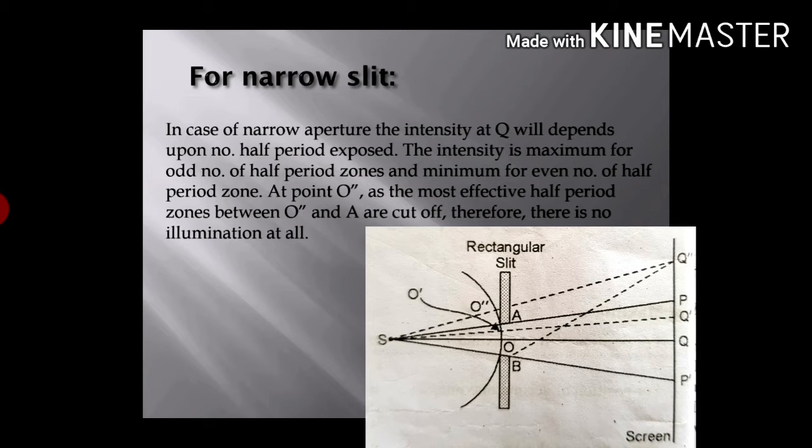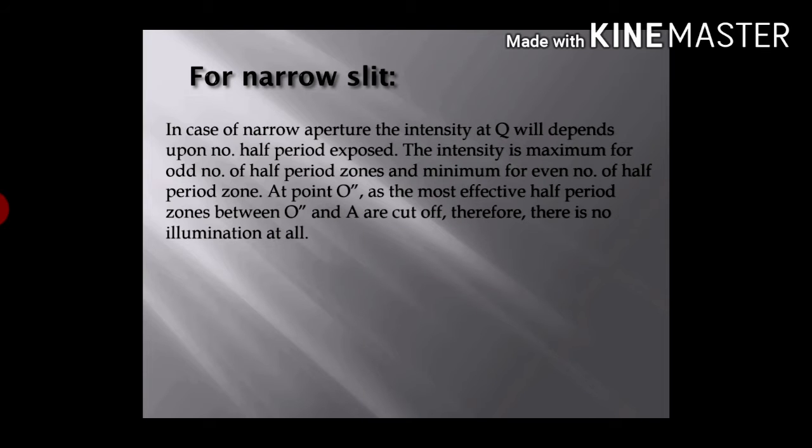Then the first, second, third, fourth, maybe many more half period zones may be obstructed by this obstacle. And we know very well the amplitude or intensity decreases as we go from the first to the nth half period zone. So if the first few half period zones are cut off, then the intensity will be negligible, depending upon how many half period zones are cut off.